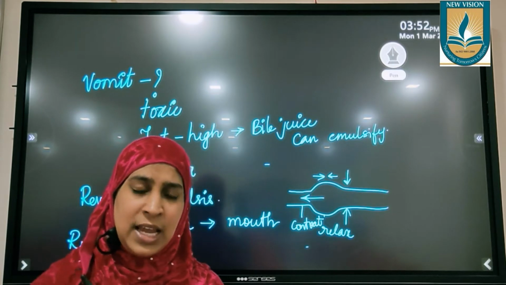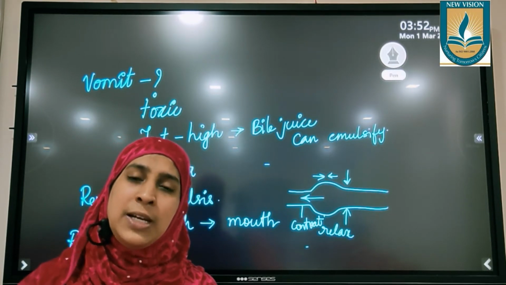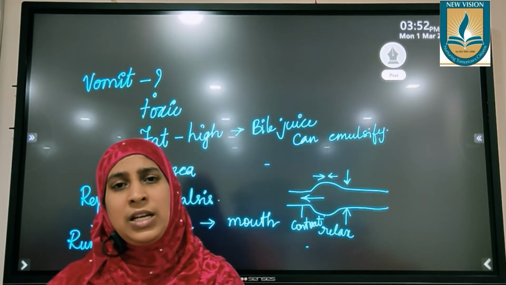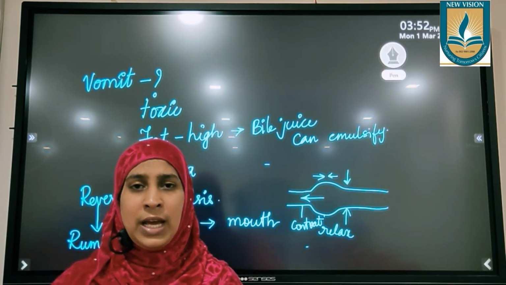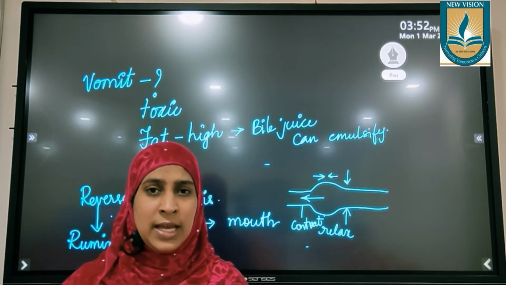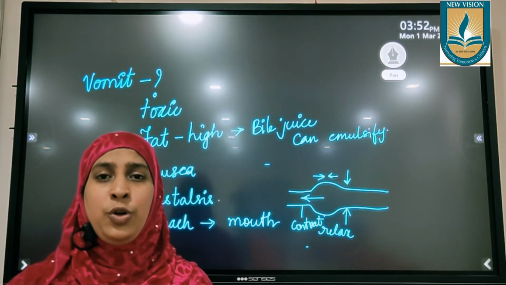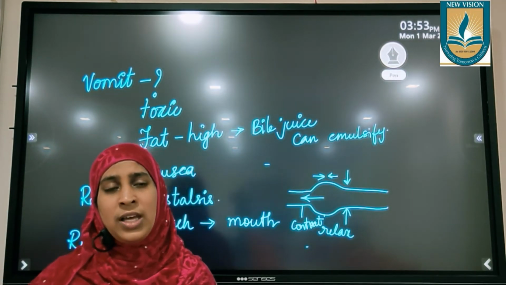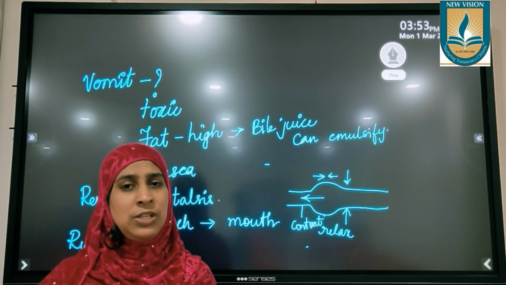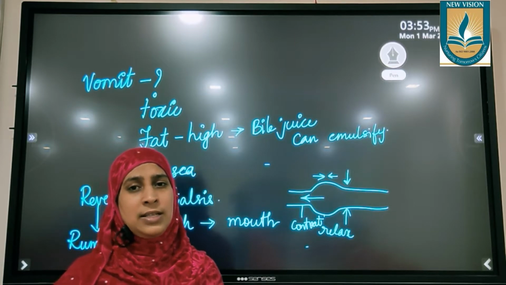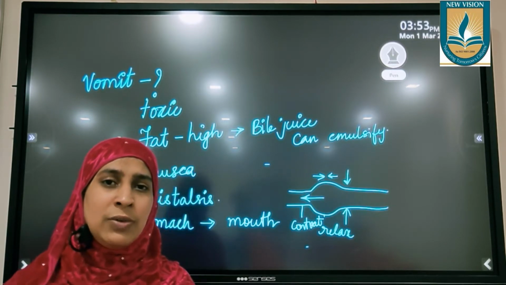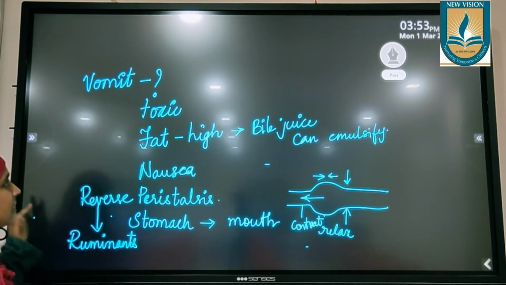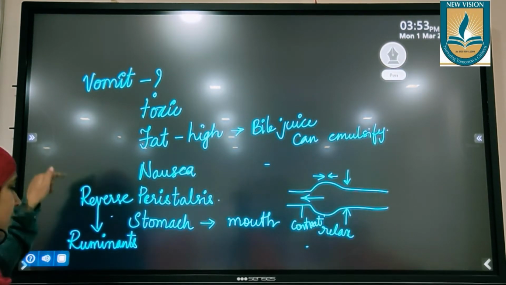They swallow it at once and keep it in the first part of the stomach. Later, when they are at leisure or have reached the shed, they bring the food back to chew it at leisure. That is why cows and buffaloes keep chewing even if food is not there. They chew it very well and send it back. So in ruminants also reverse peristalsis is seen.